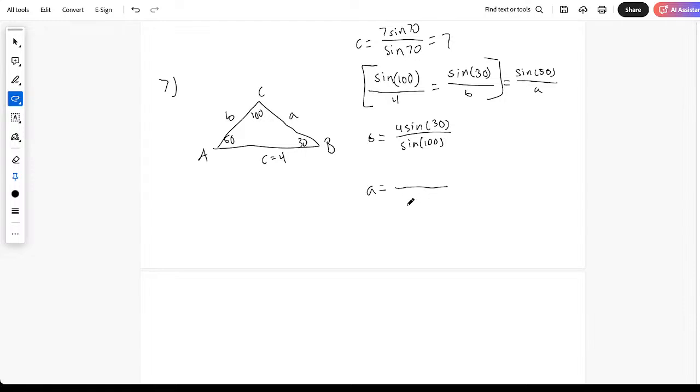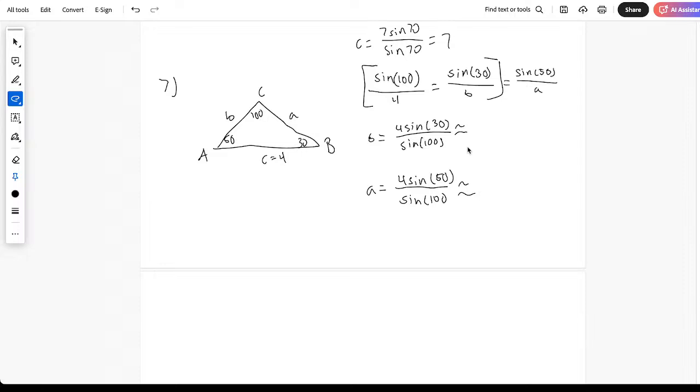So it's still over sine of 100, and it's still going to be 4 times the sine, and this time instead of the 30 from B, it's going to be the 50 from A. Okay, and now these questions always want you to round. This one says give your answer to at least 3 decimal places. I always like to do 4 decimal places, so let's plug this into a calculator.